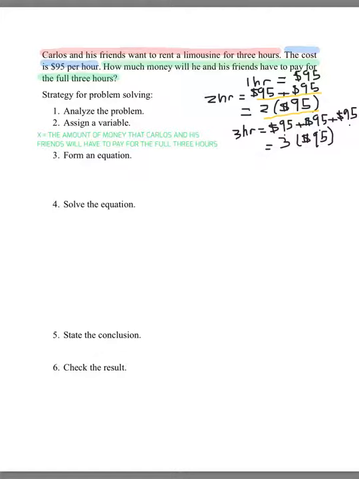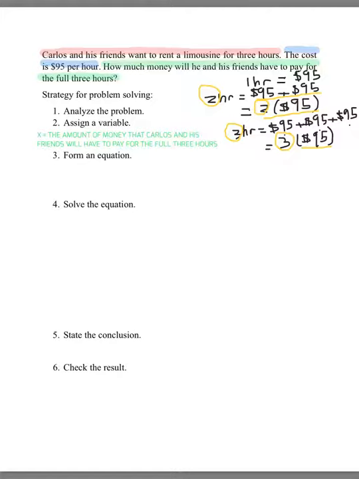The key thing here is that for 2 hours, we multiply the 2 by the hourly rate. Similarly, for 3 hours, we multiply the hourly rate of 95 by 3. And if we wanted 4 hours, we would have 4 times the hourly rate of 95, and so forth.